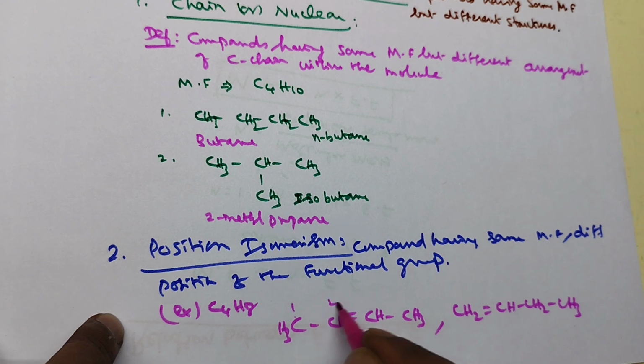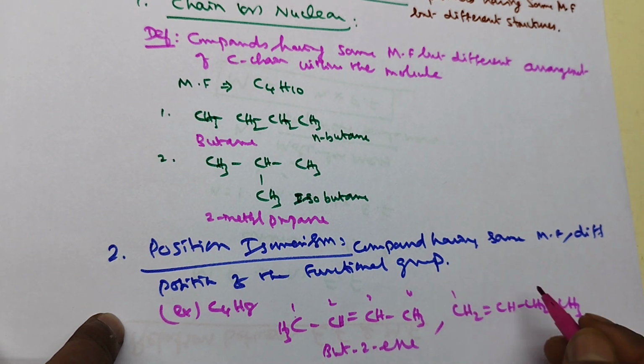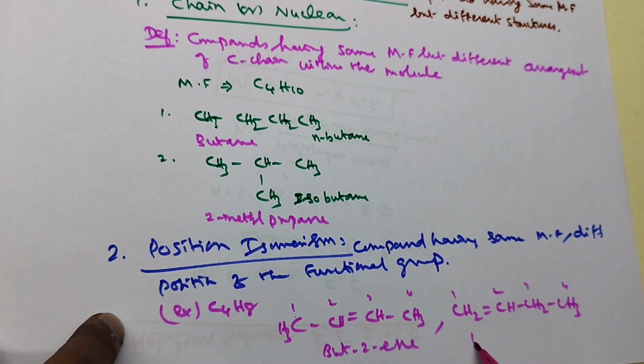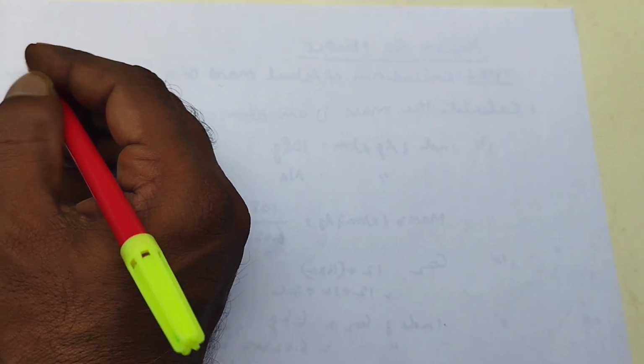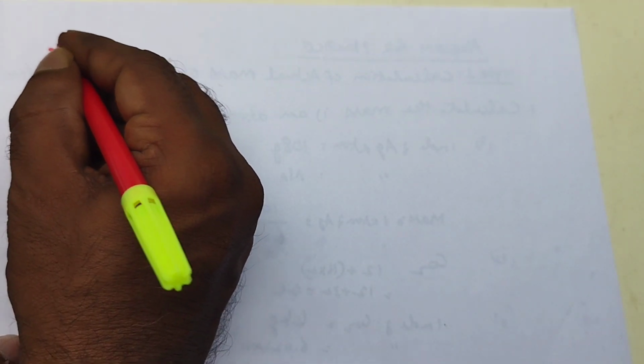Here it is 2-butene, whereas here it is but-1-ene. In both cases the molecular formula is the same, C4H8, but the position of the functional group is different. That is called position isomerism. Now we will discuss what is meant by functional isomerism.